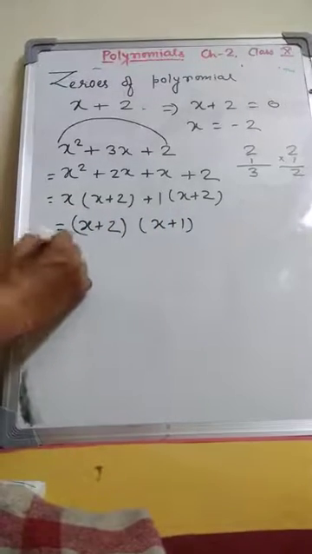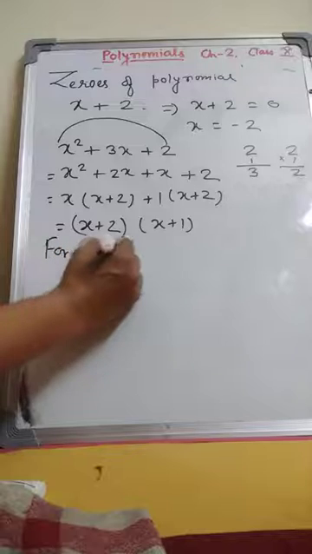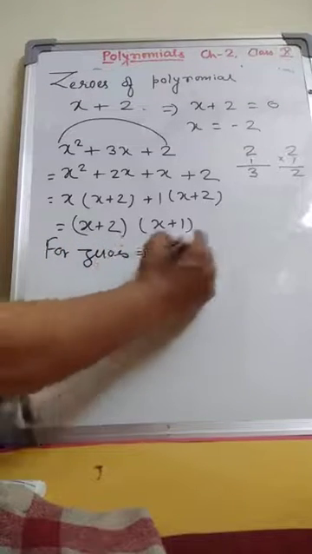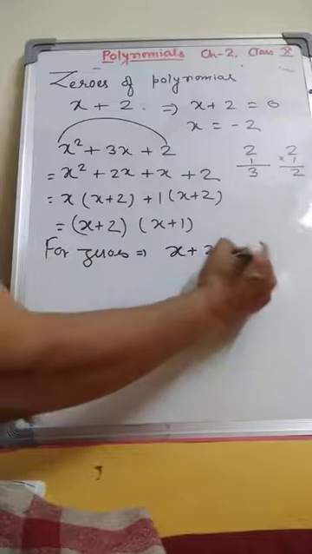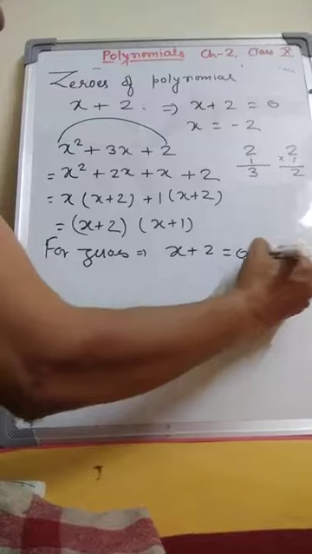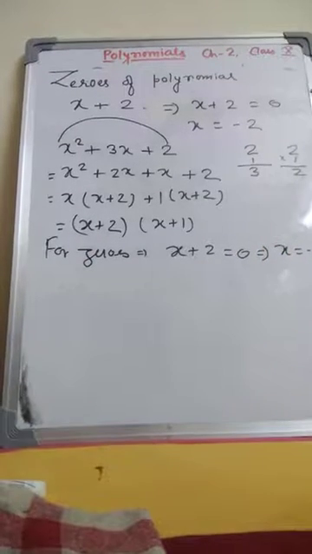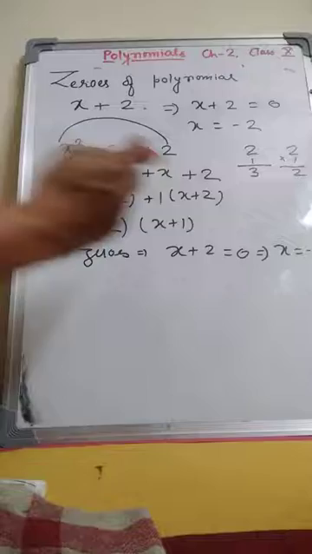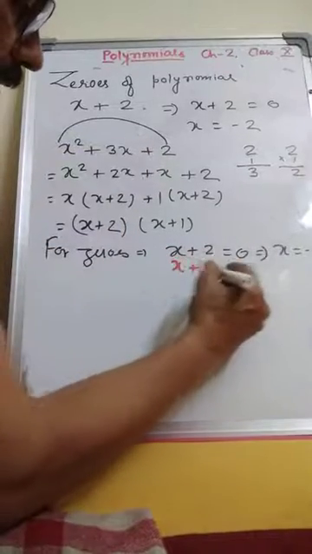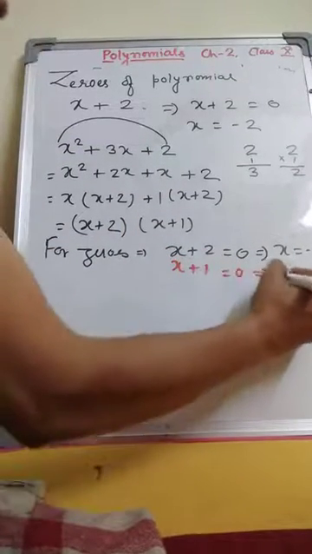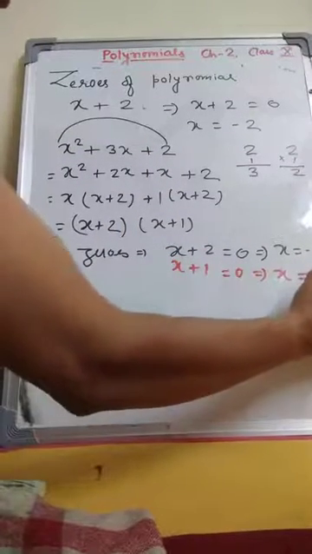Now for zeros, x plus 2 is equal to 0. It implies x is equal to minus 2. Another one is x plus 1 is equal to 0, so x is equal to minus 1.